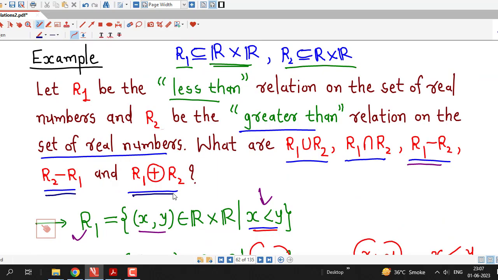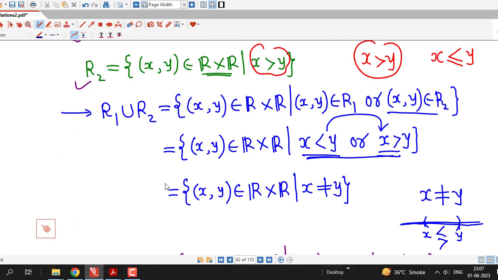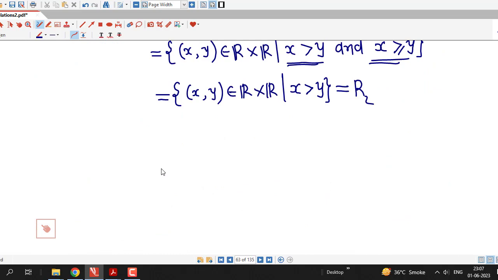And the last relation we have to decide is the symmetric difference of R1 and R2. That is also simple now, because we have obtained all these things which are required for the symmetric difference.